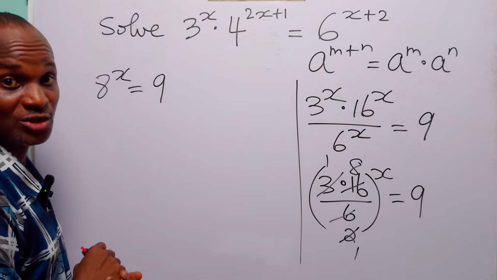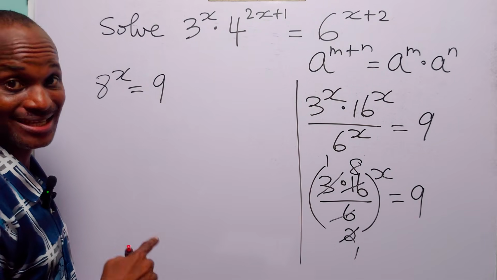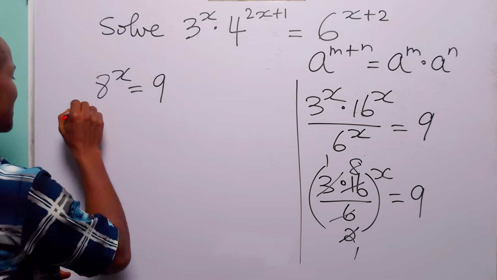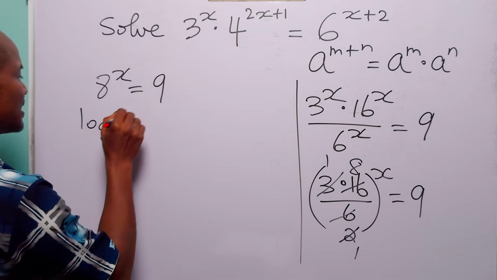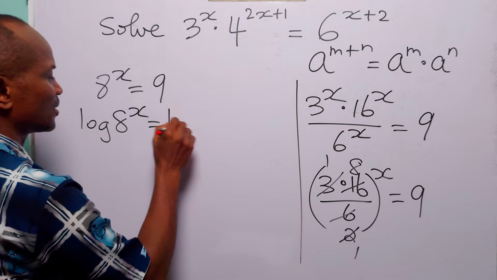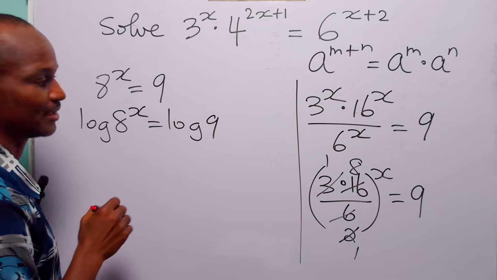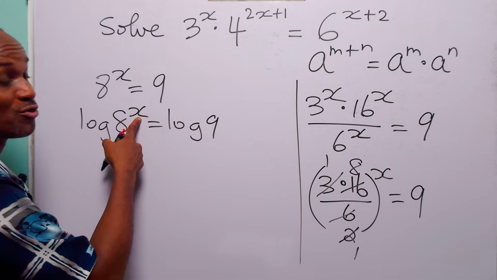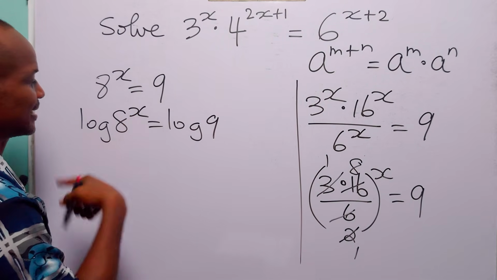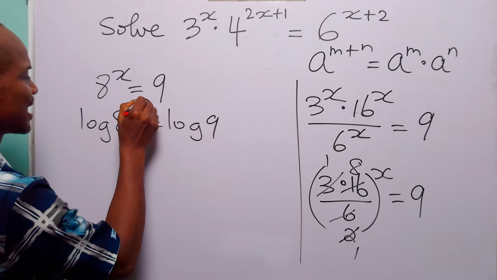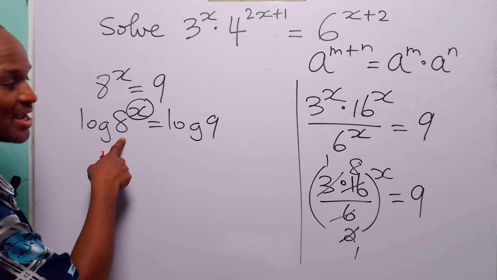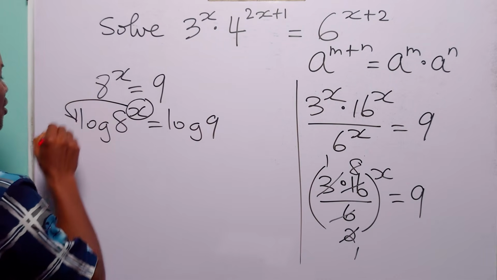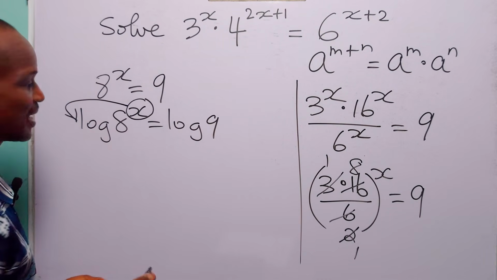Now, to solve this equation, we'll start by taking log of both sides of the equation. When we do that, we have that log 8 to the power x is equal to log 9. Now, let us apply the power rule of logarithms to the left-hand side. That is the rule that says that we can bring down the exponent of 8 to the front of the log to become a multiplier.